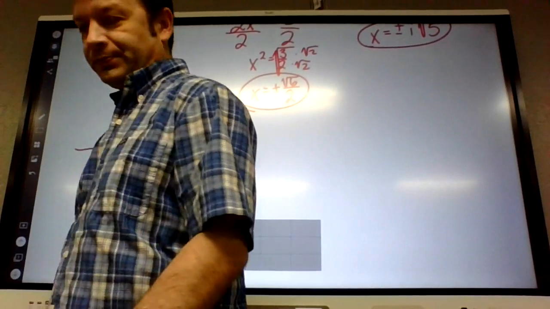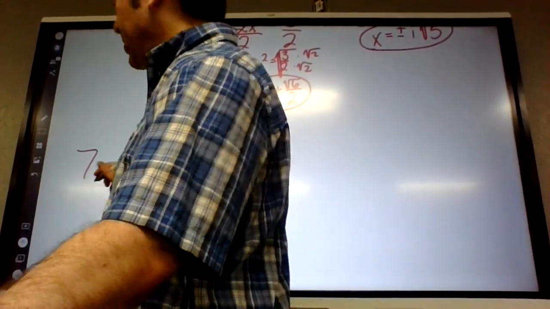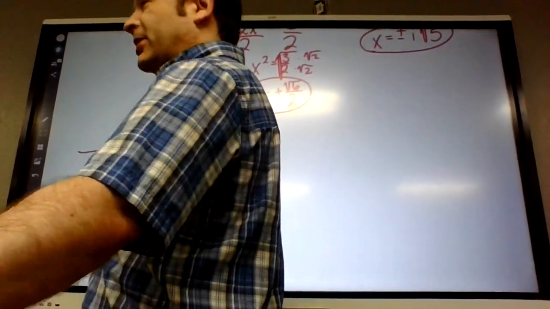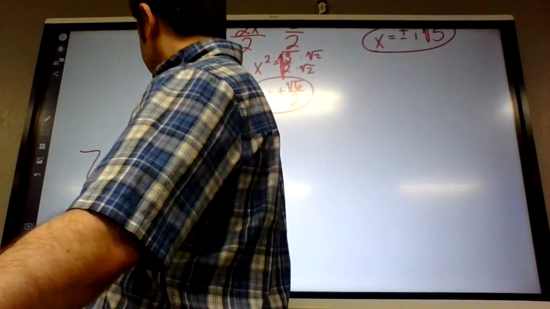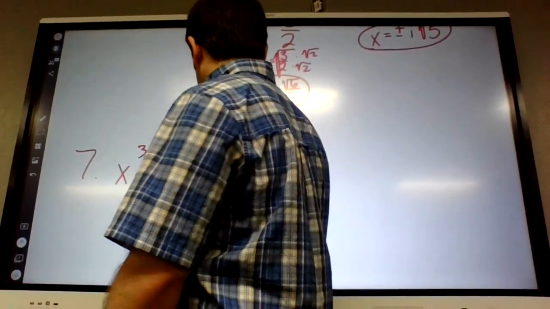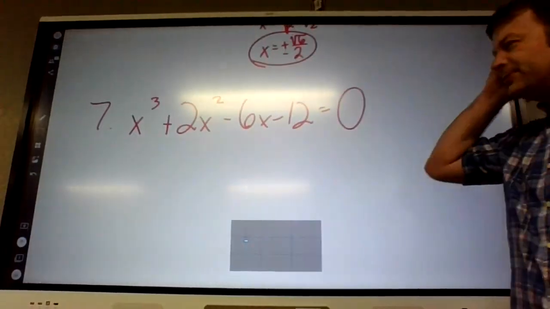Number 7. Okay, what should we do first? Just looking in your book, what should we do first on 7? Minus 12 over. So I'm just going to do that in my head. Alright, what should we do?